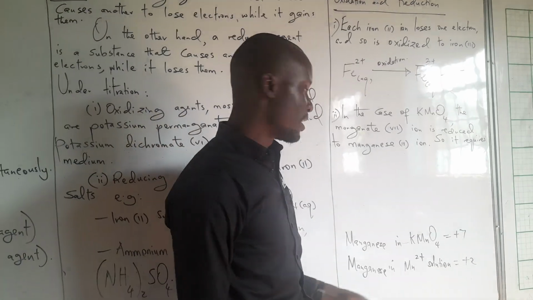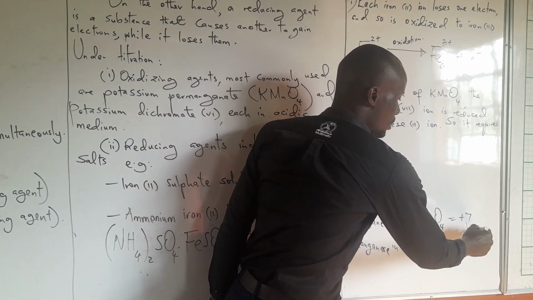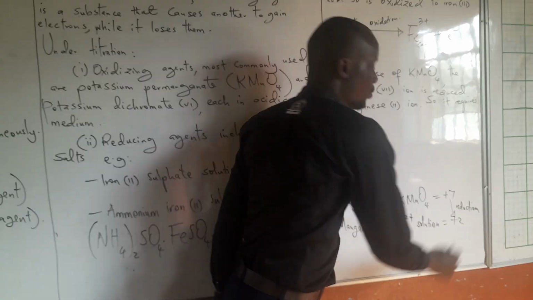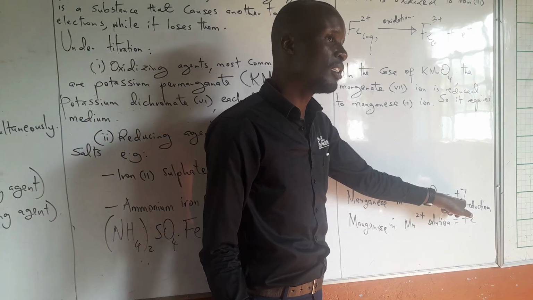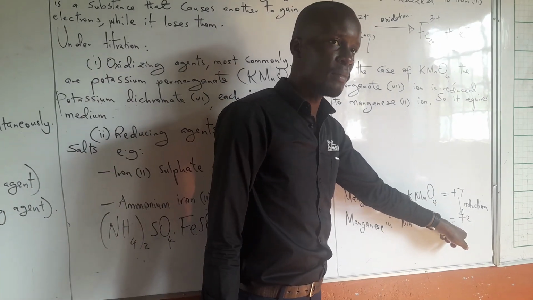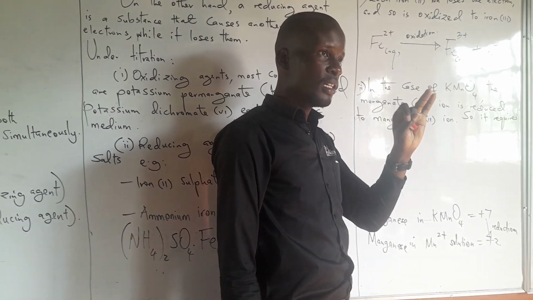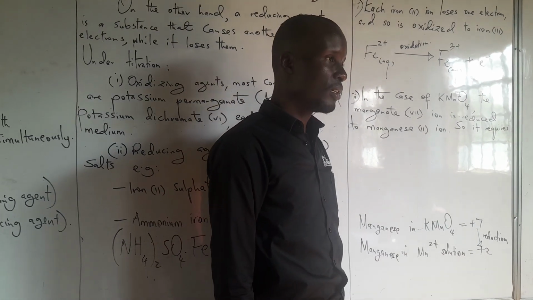Whenever there is a reduction in oxidation number, this is also called reduction. We have said reduction is gaining of electrons, but it also means a decrease in oxidation number. So there are two definitions of reduction: gaining of electrons or decrease in oxidation number.